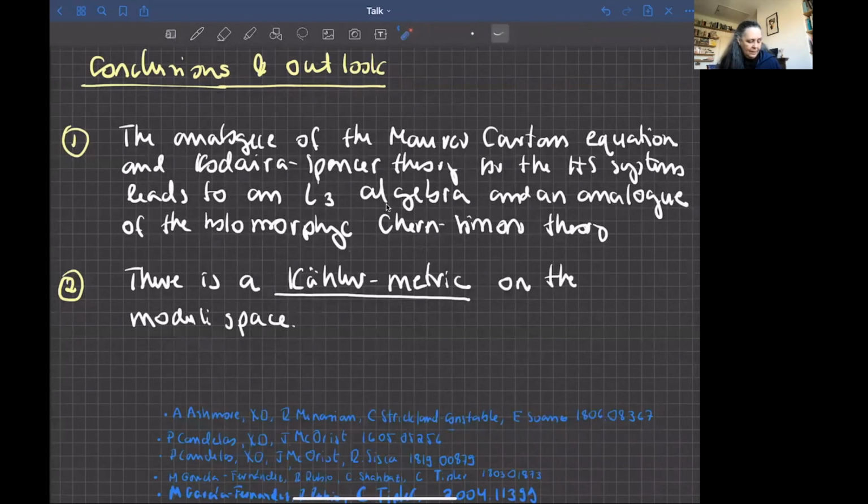It is surprising how the Kähler potential for the Kähler metric looks very much like the one that you would write just for a compactification of a type 2 theory on a Calabi-Yau.